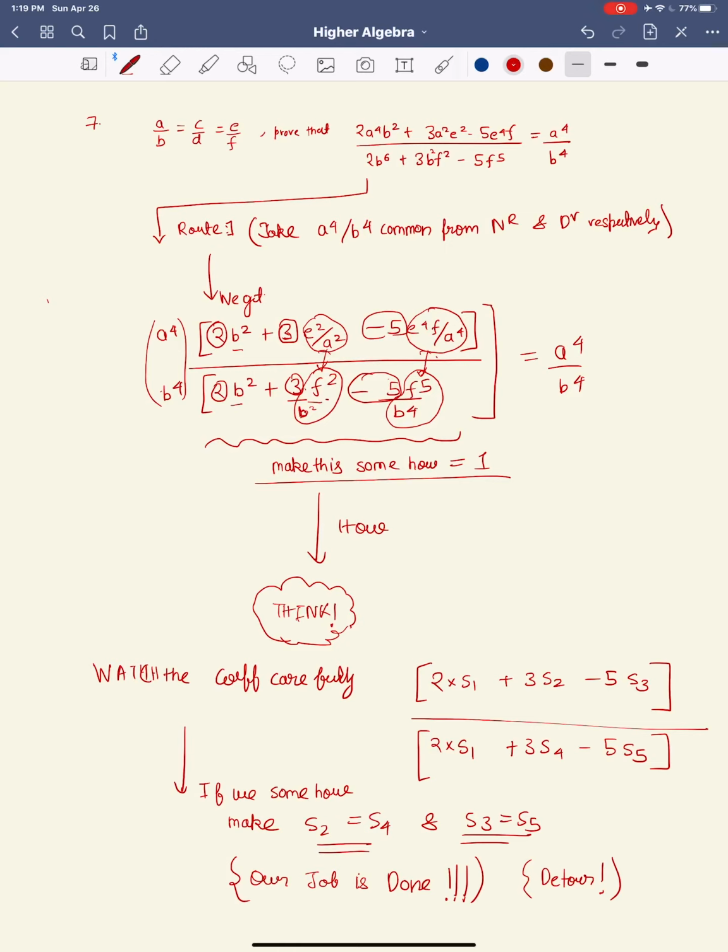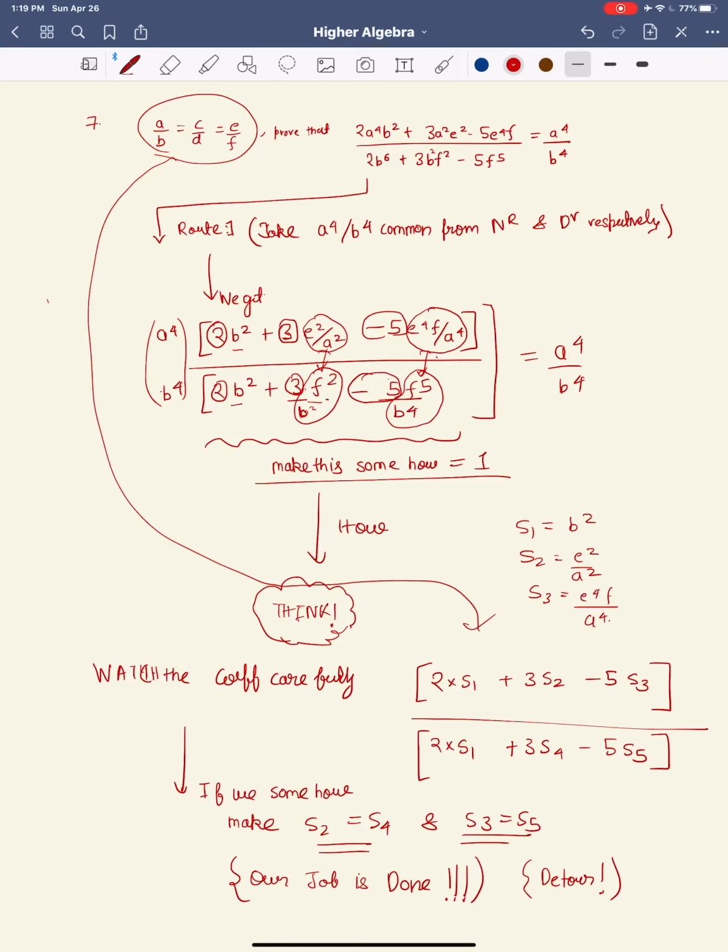As we know, we haven't used this information yet, so we can replace these algebraic quantities by simplified versions: S1 equals b square, S2 equals e square over a square, S3 equals e to the power 4 f over a to the power 4, S4 equals f square over b square, and S5 equals f to the power 5 over b to the power 4.